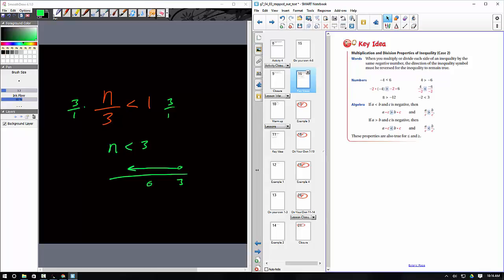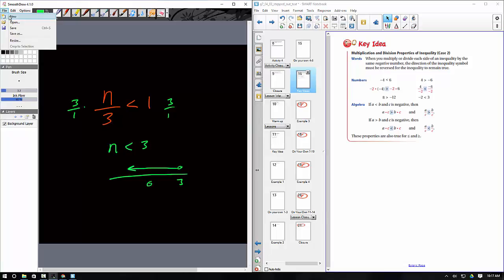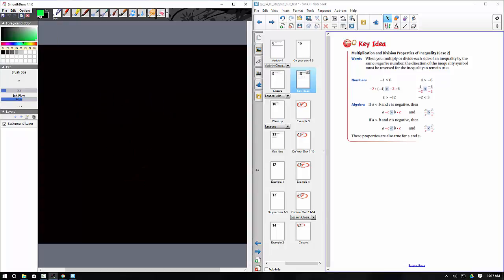So what we've been doing so far is we've been changing the side on which the variable is. For instance, I want to show this to you. Let's say that I had negative 4x is greater than 16, right? I'll solve this two different ways, but really pay attention.